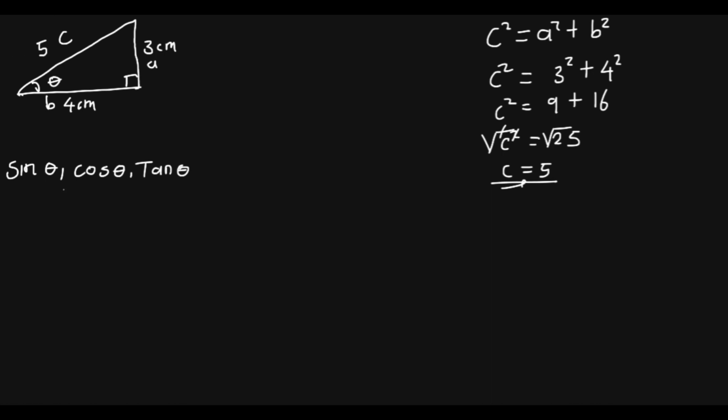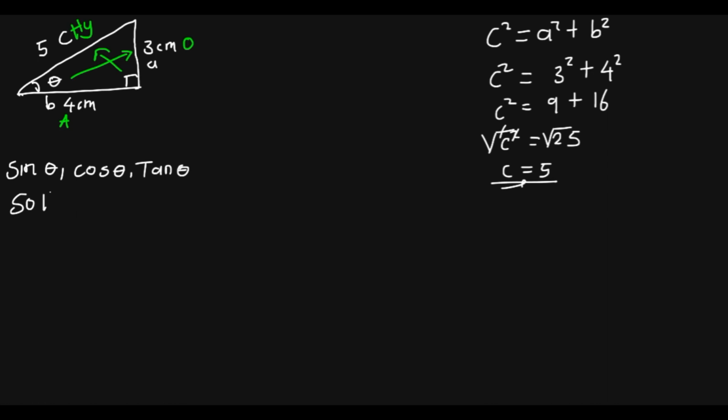Now, before we proceed with finding the final answers, first we need to identify which distance is our opposite, adjacent, and hypotenuse. From this angle here, we can see that this distance is our opposite. Then the distance next to our theta is our adjacent. Then this one is always our hypotenuse. Now we can proceed by finding the sine.